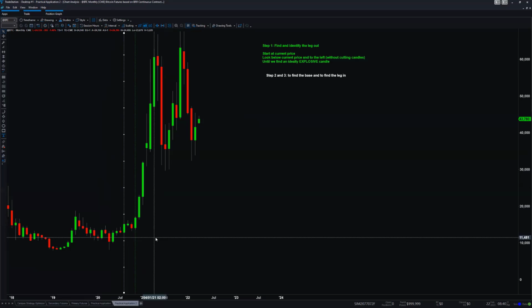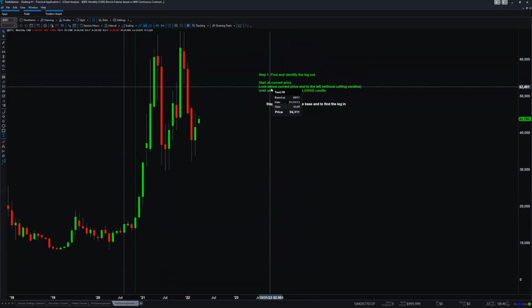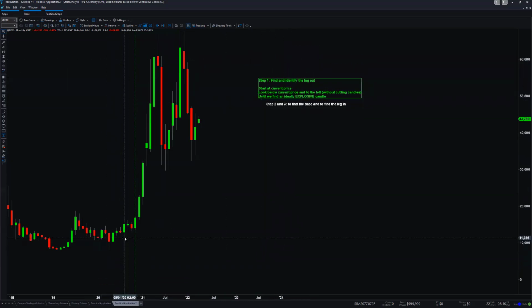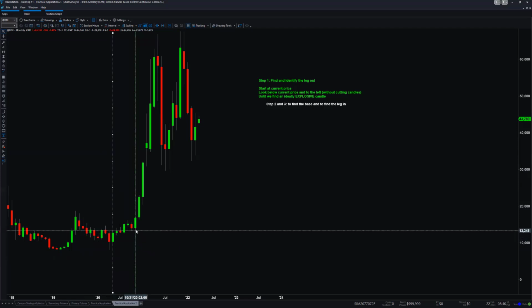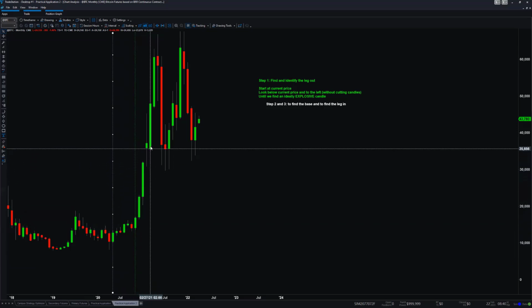Now, most of the time, especially as you operate on higher time frames, there's not really a right or wrong, especially as it comes to the leg in part of the formation. Okay, what's really important, again, that green line here, the explosive move out here, that's what's important.